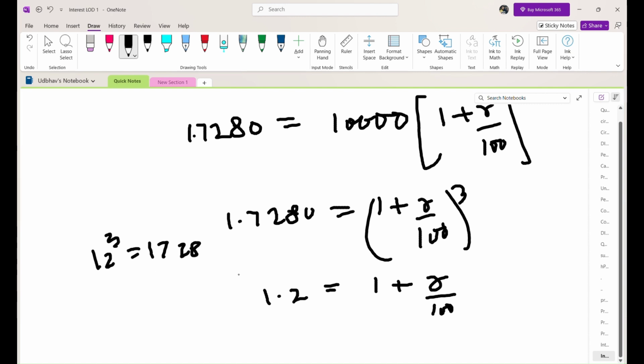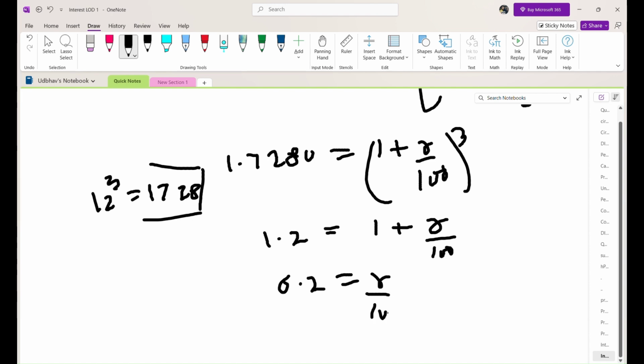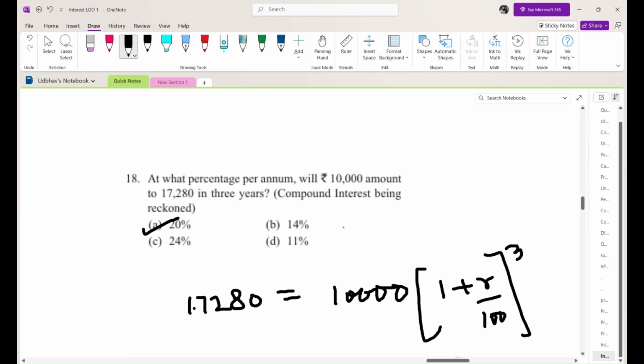So that's why it will be 1.2. So we can reduce 1 from here. 0.2 equals R upon 100. So R equals 20%.